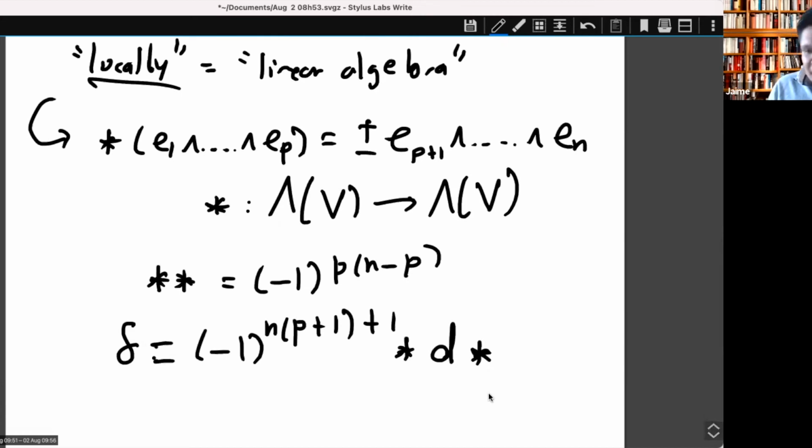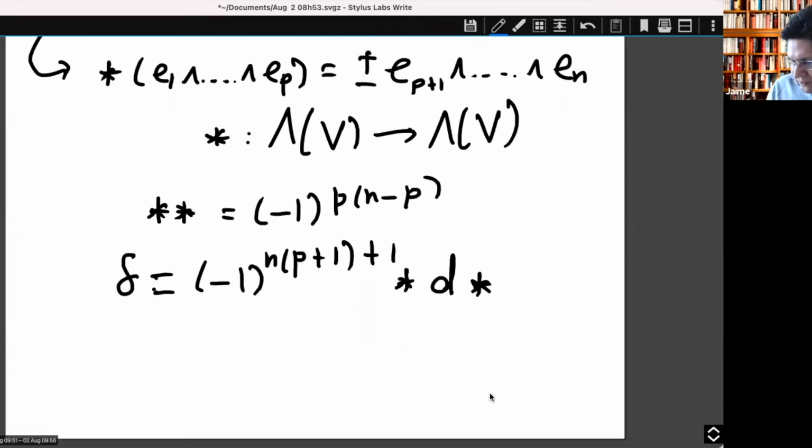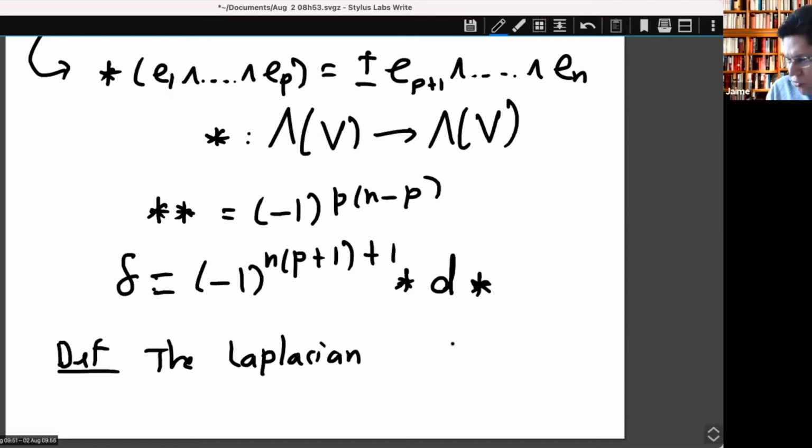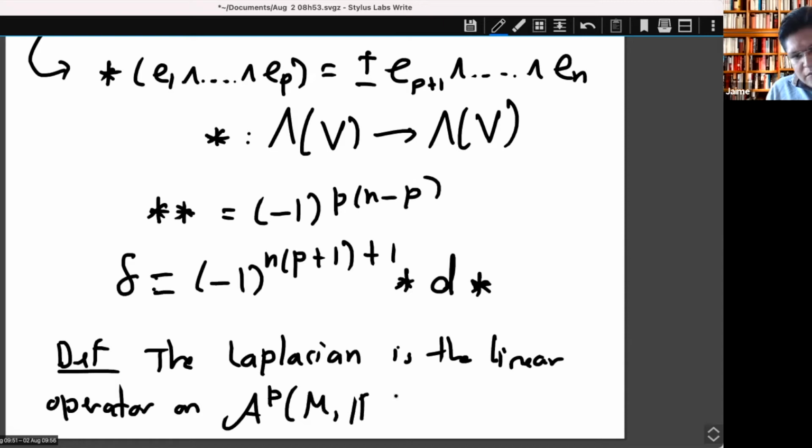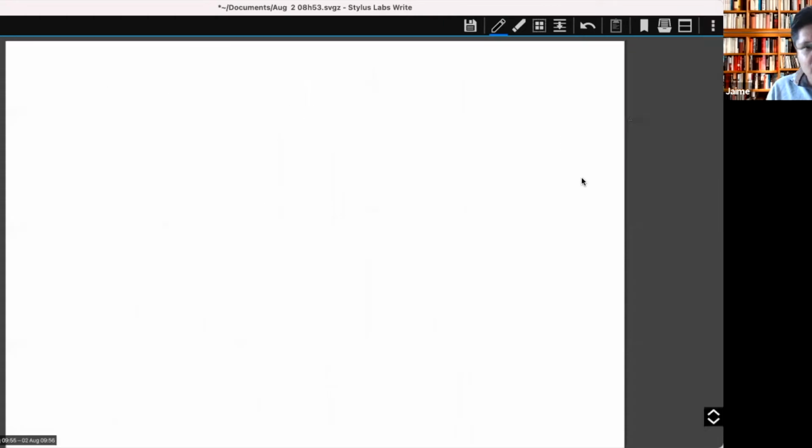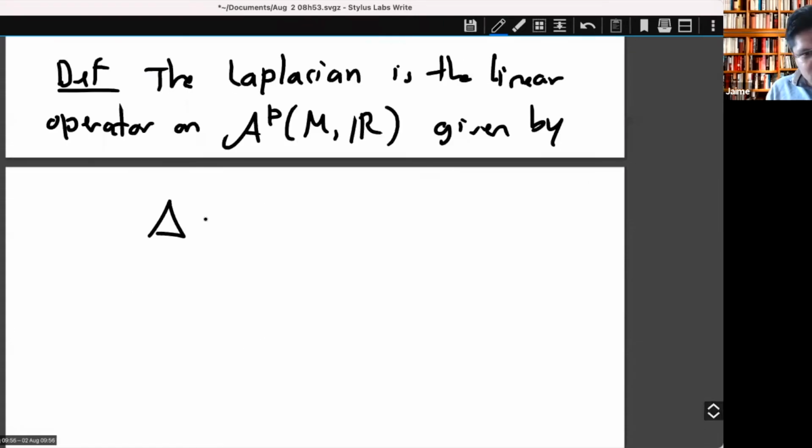It is actually very technical, but the reason is the following: the Laplacian, or what we call the Laplacian in Hodge theory, is the linear operator on the space of P forms given by delta D plus D delta. This is called the Laplacian.